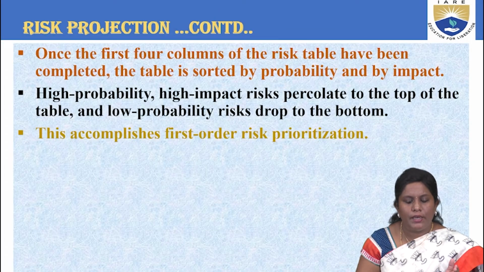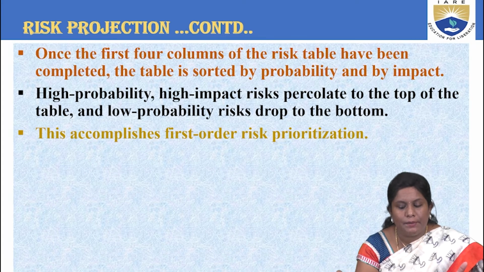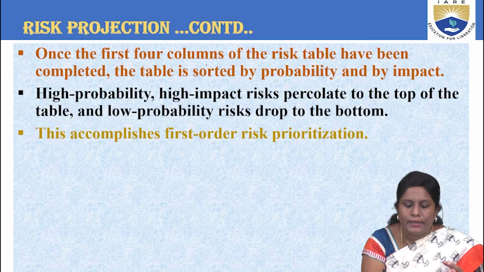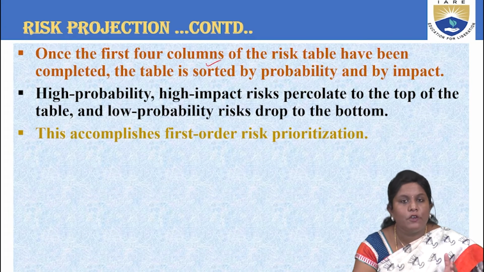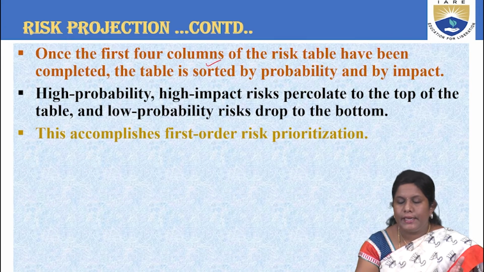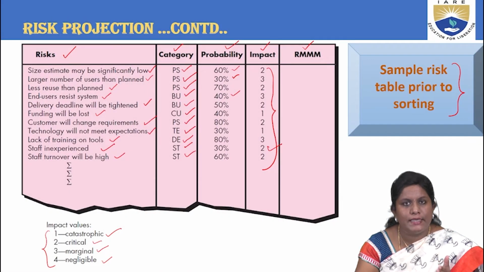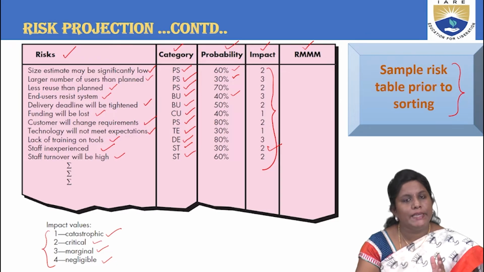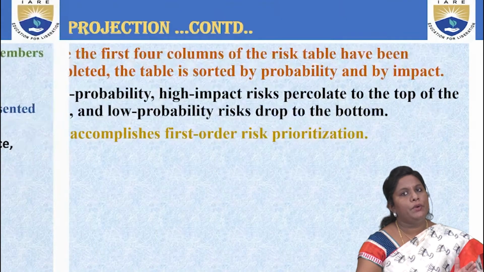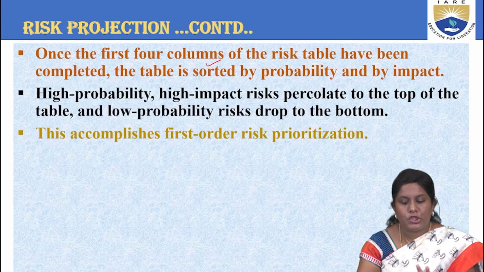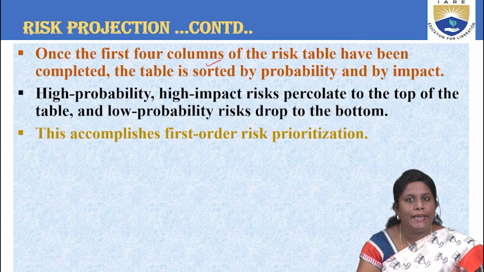Moving further, once the four columns of the risk table have been completed, we start to sort the things. That is, sorting is initiated once the four columns are filled in. These four are the risks, the categories, the probabilities and the impacts. Once all these are filled up, we sort by probability and by impact.